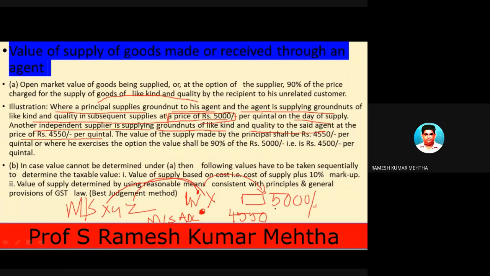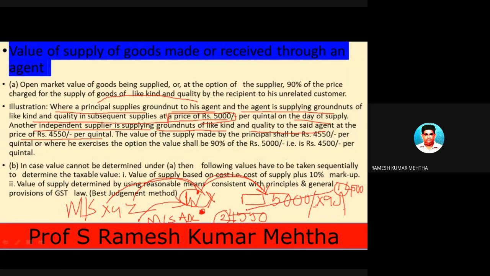In this case, you have two options to find the transactional value between Messrs. XYZ and the agent. Number one, the agent sells the goods to the end customer at 5,000 rupees, so you value it at 90%, which is 4,500. Number two is the like kind of goods supplied by another principal to the same agent on a particular day, of the same kind and quality, at 4,550.